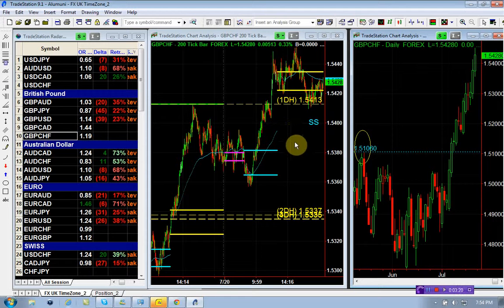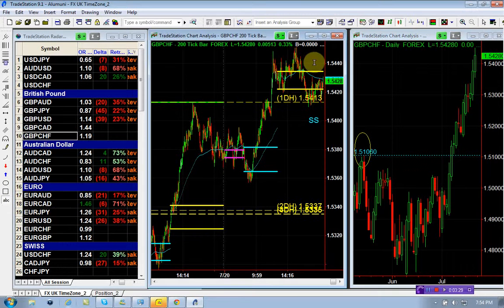Okay? Now, we're buying it, we're going to buy it above the high. So this is going to be our buying point. This will be our stop in either case. The one daily high is going to be our stop in either case.